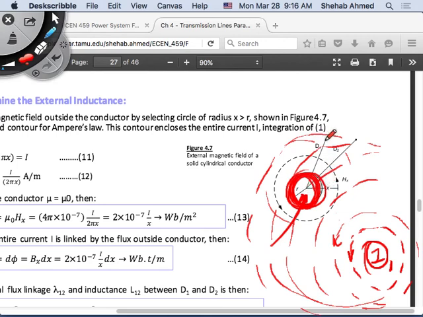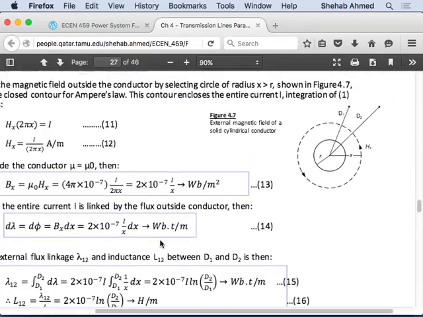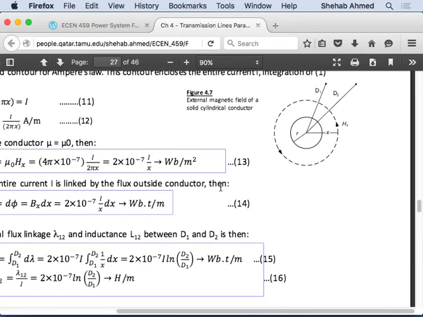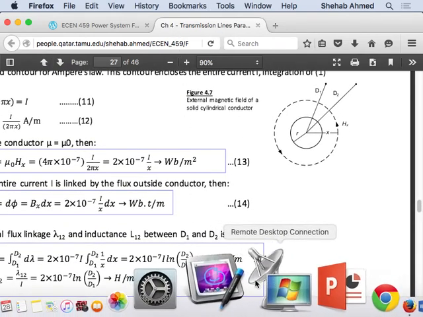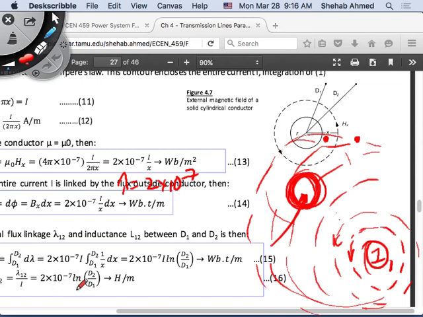So we came up with a general equation for flux linkage. We said that flux linkage is equal to what? 2 times 10 to the minus 7, times I, which is the current that is flowing through that conductor, natural log d2 over d1.